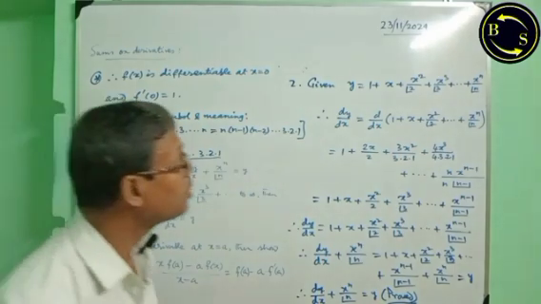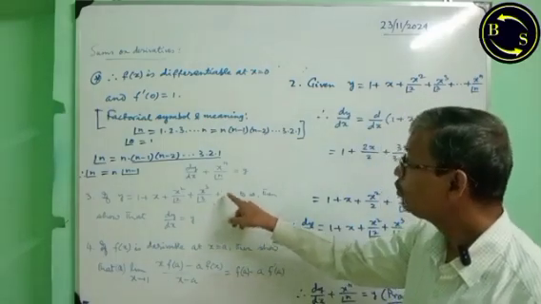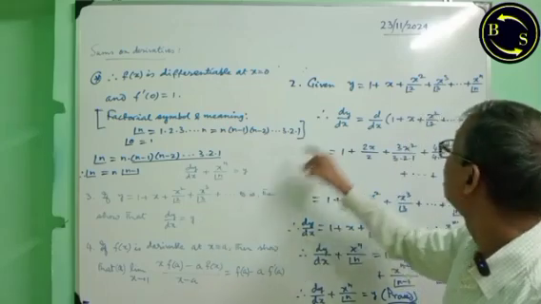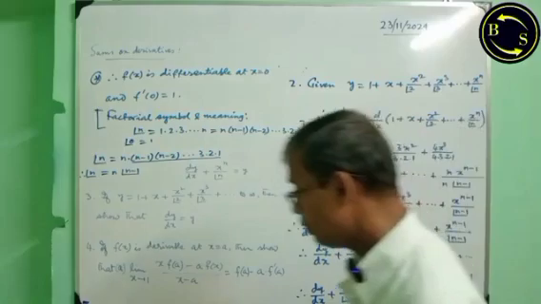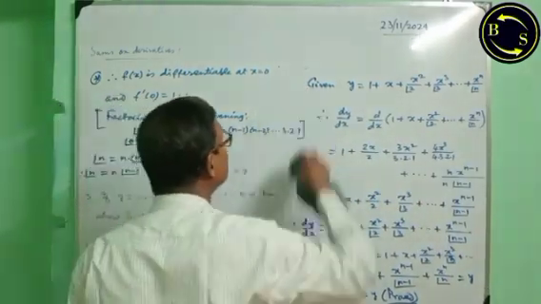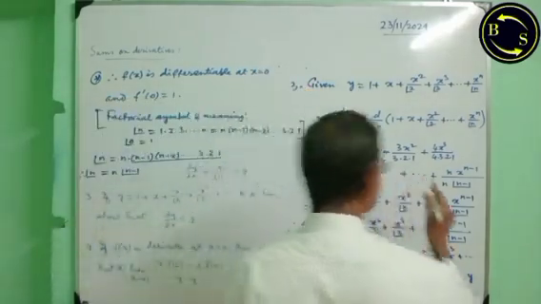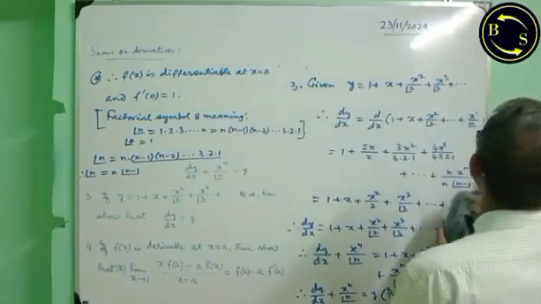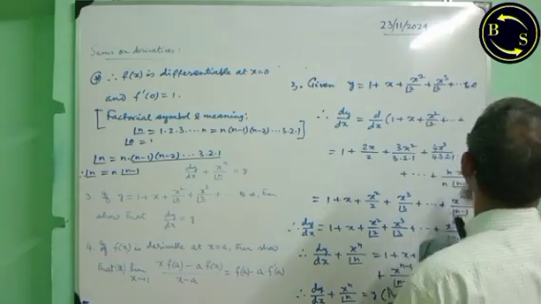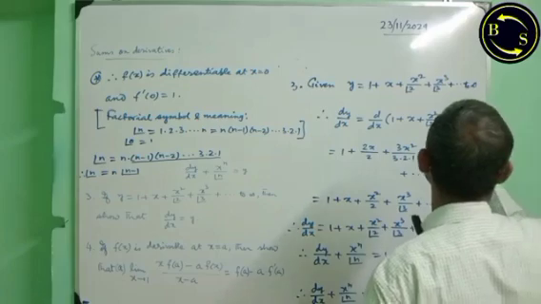Then sum number 3. Up to n terms in the earlier one, and here it is to infinity. That means here we have to mention it. Now I take the help of this one. Number 3, it will be to infinity, we can write also like this.